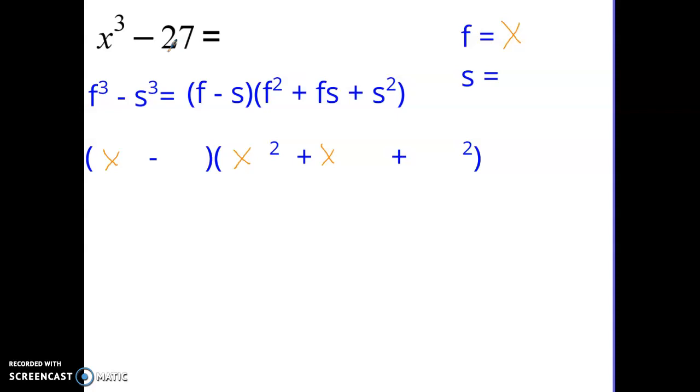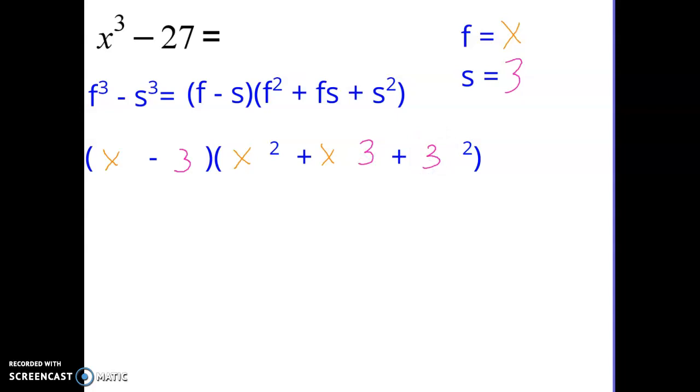You can use that, or you can just type things in and multiply them together 3 times. However you do it, you have to somehow figure out that the thing that is cubed to give us 27 is 3. 3 times 3 times 3 is 27. So everywhere in the formula that I have an S, I'm going to replace it with 3. Well, there's an S here, there's an S here, and there's an S here.